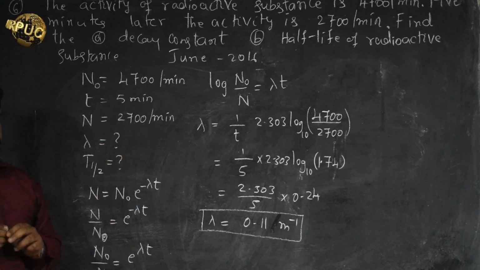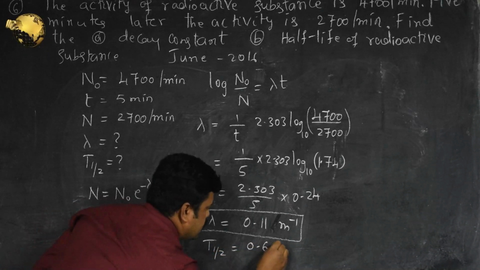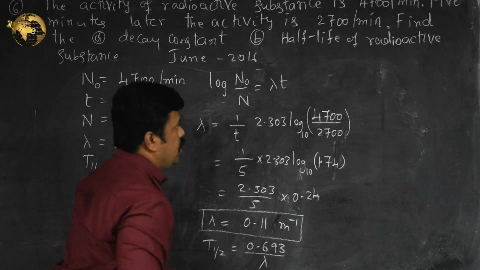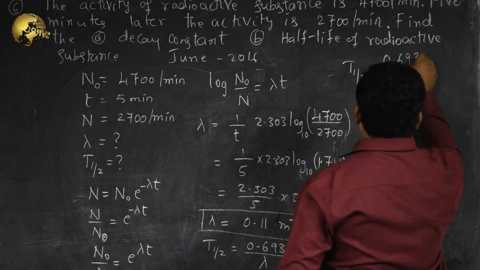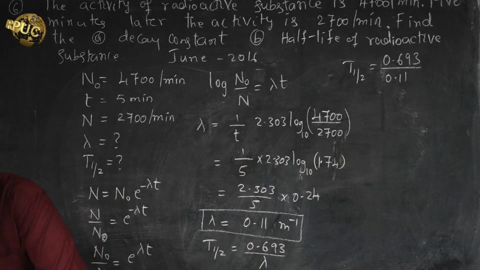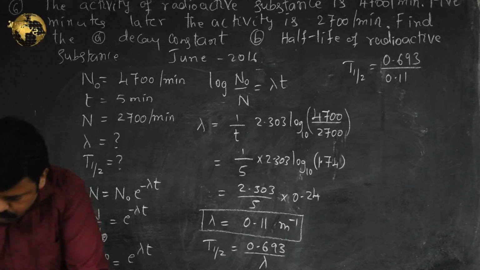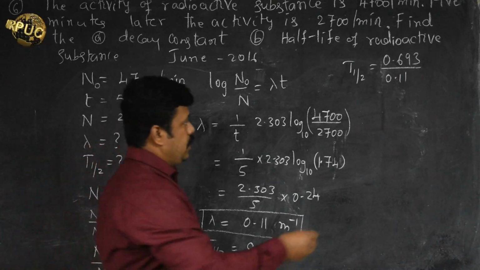Half-life we need to find out. You know the direct formula: half-life is equal to 0.693 divided by the decay constant, which is lambda. Finally I get t half is equal to 0.693 divided by 0.11, which becomes 6.3.